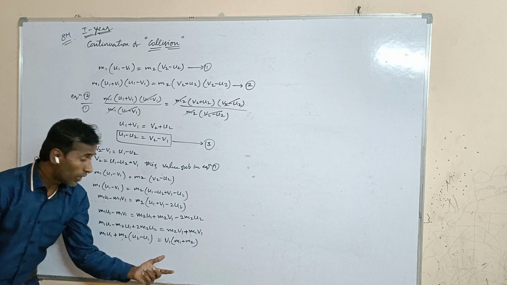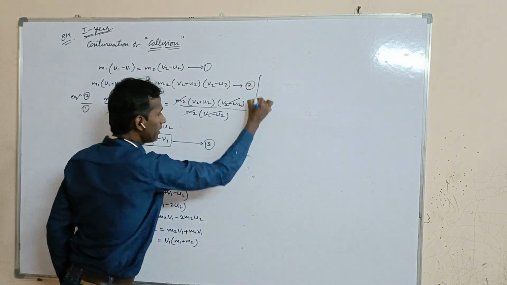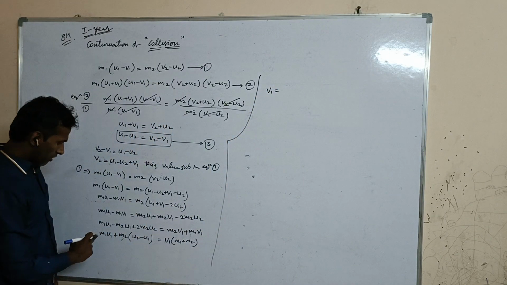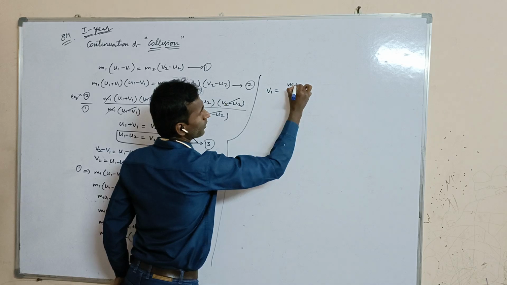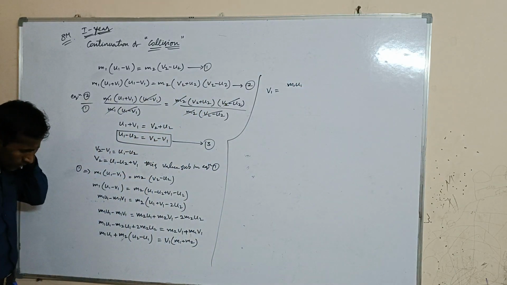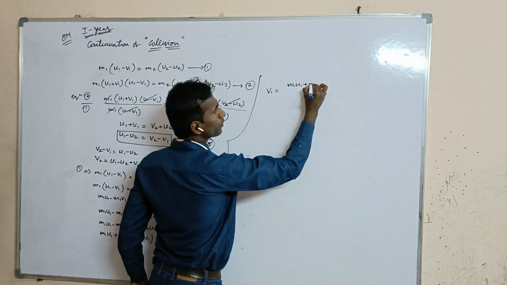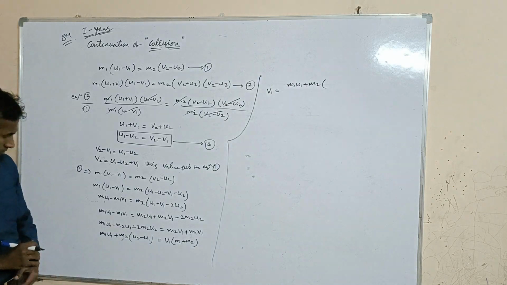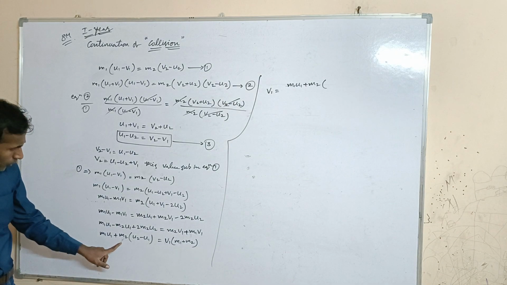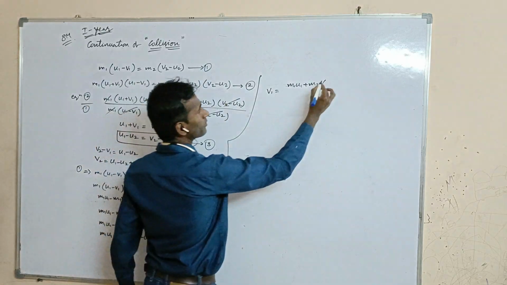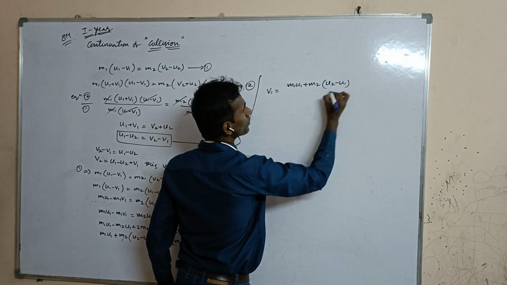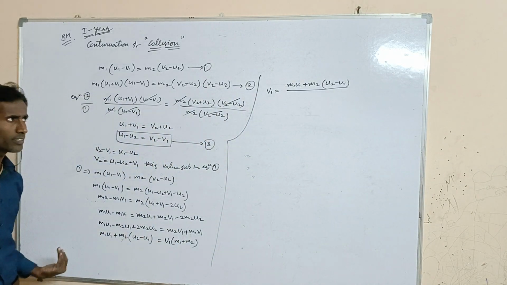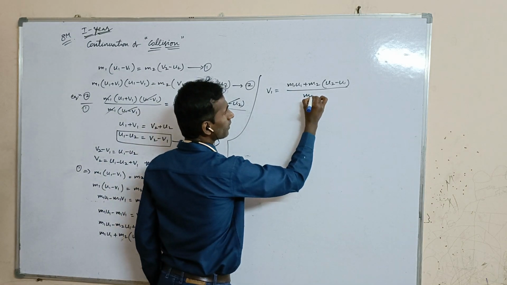We require only v1, so that we can write here: v1 is equal to m1 u1 plus m2 into (u2 minus u1), and this divided by m1 plus m2.